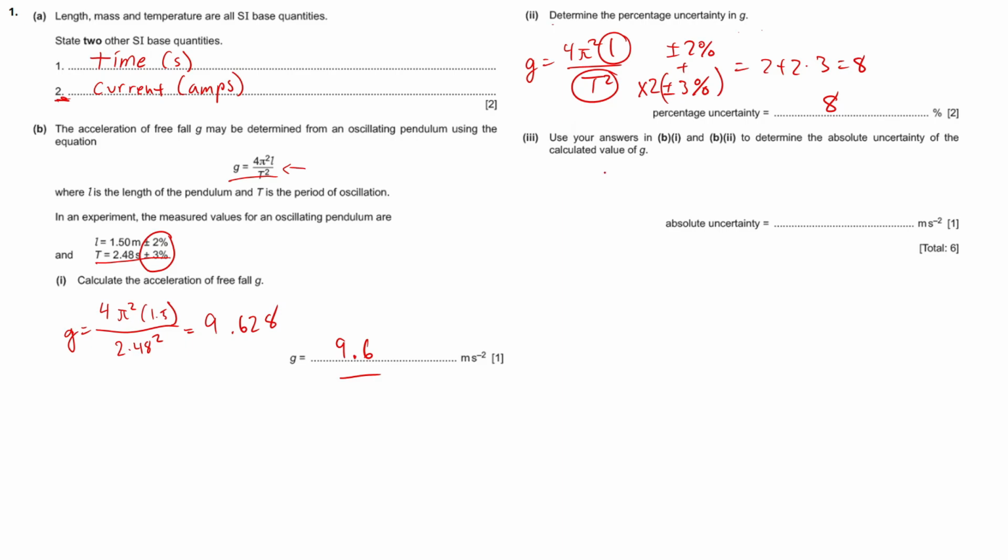So we take g, and our absolute uncertainty is just converting our percentage uncertainty into absolute uncertainty. We multiply by 0.08, which is 8% in decimal form, and you get 0.768, or 0.77.